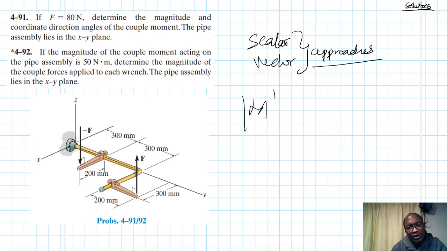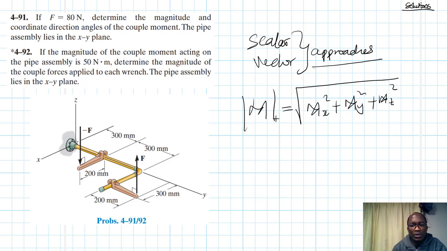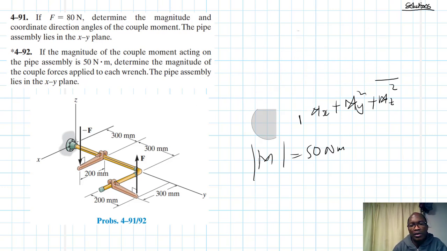The moment is already given, so this is just going to be equal to the moment, using Pythagoras. So we just equate it and then later on find the force.